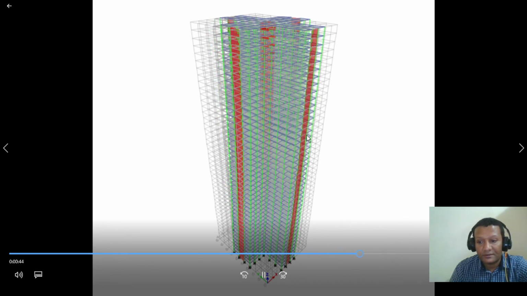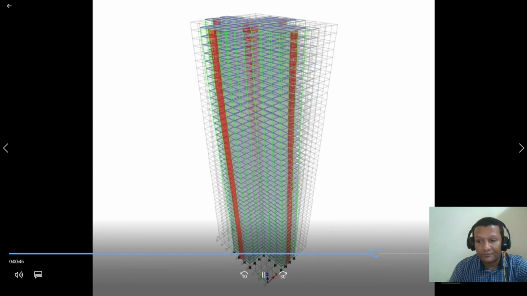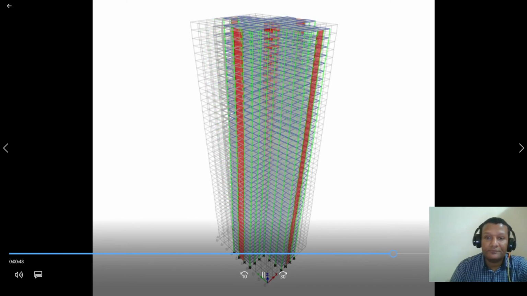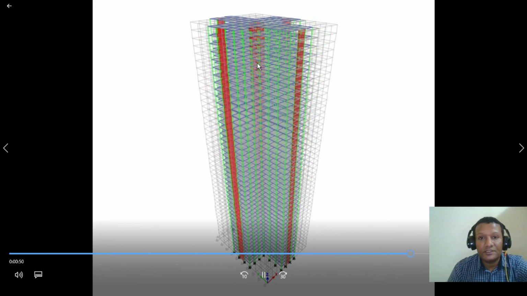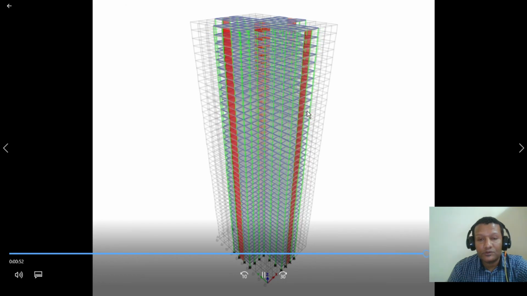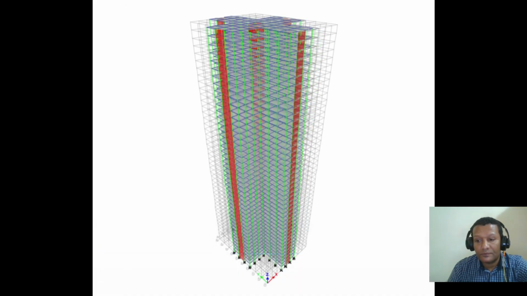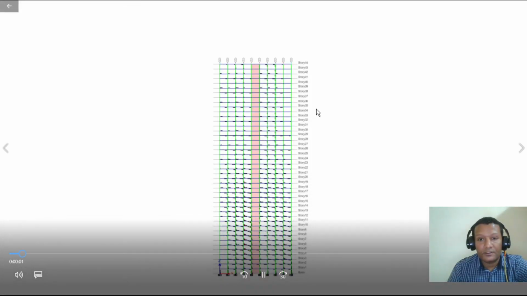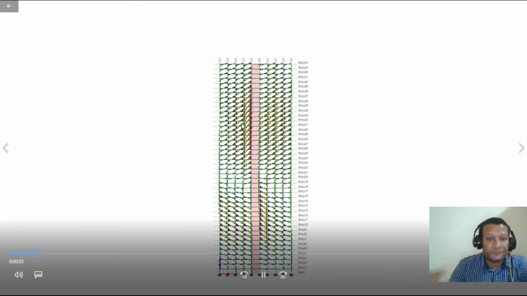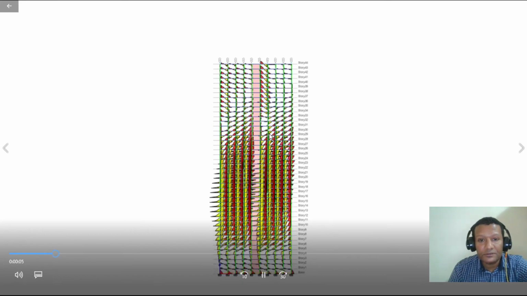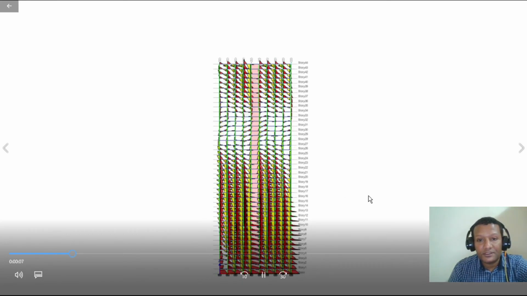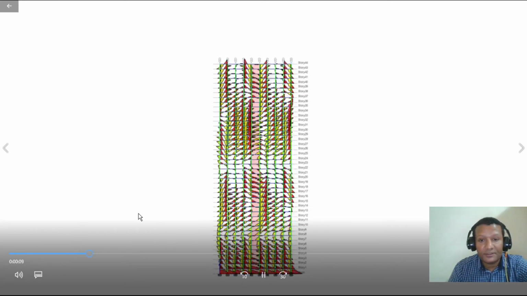It's shaking the whole length of the earthquake. This is how the building is acting because of Lander's earthquake. This is also just a section to see the shear force, how it varies.